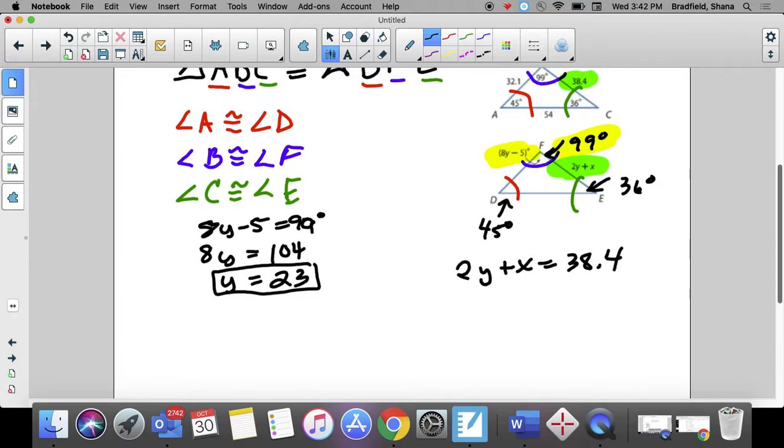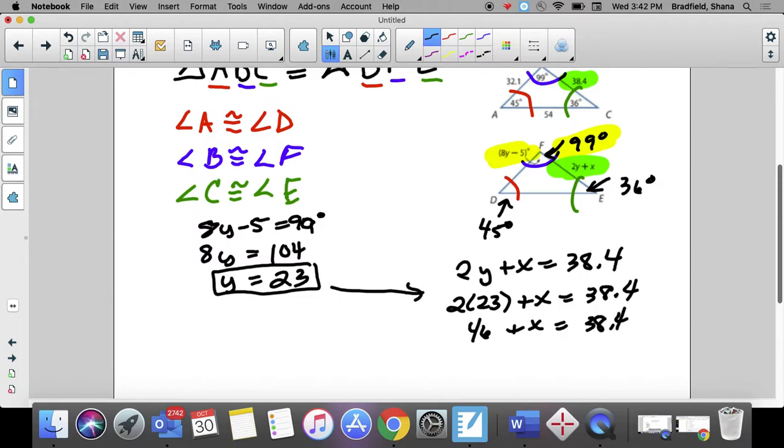I already have y, so I'll substitute: 2 times 23 plus x equals 38.4. 2 times 23 is 46. When we subtract 46, it's going to be negative, but that's okay because it's not actually the length of a side, it's just the measure of x. We should get negative 7.6.